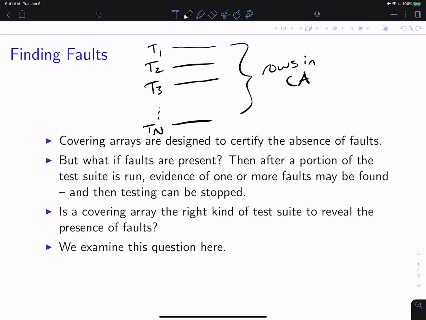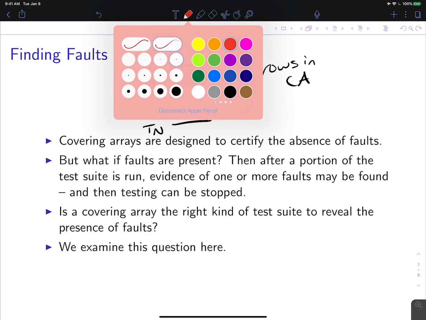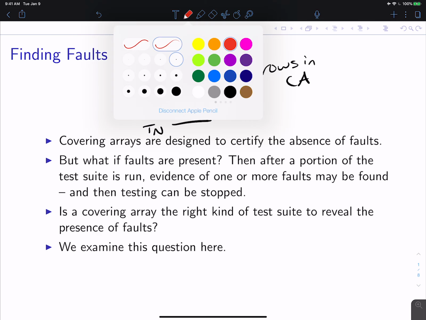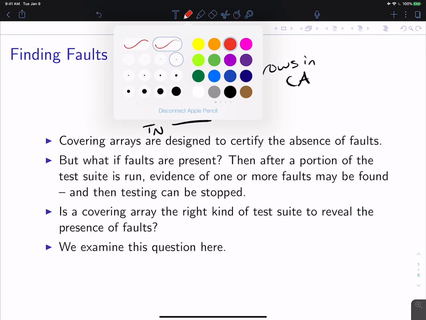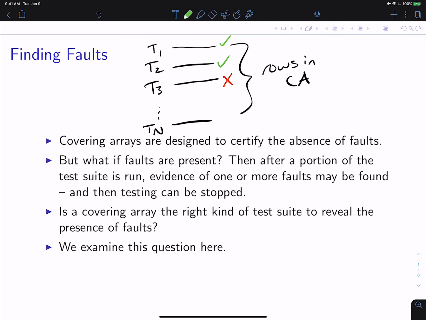Maybe test one, let's do green for this, passes, test two passes, but test three fails for whatever reason. And then we just say whether it passes or fails for all of them. Maybe say the last one fails.